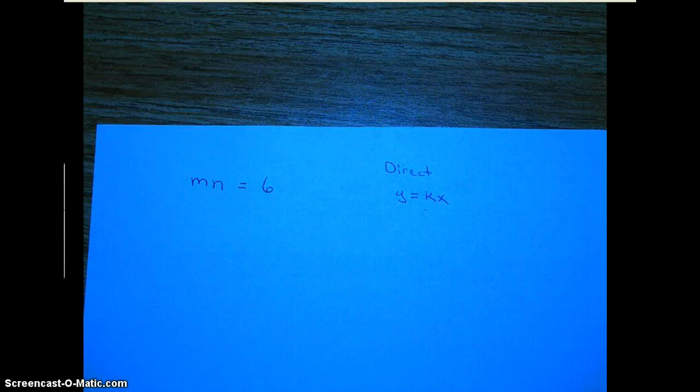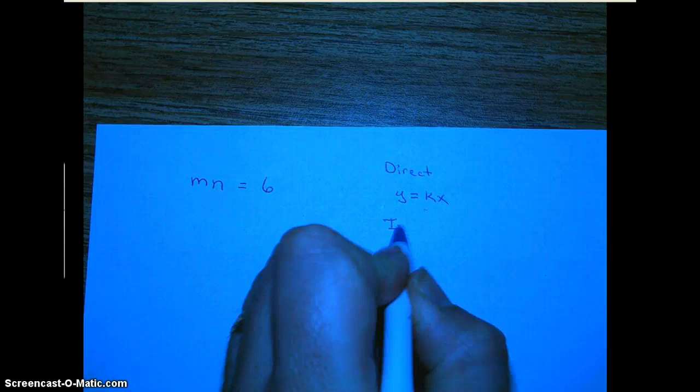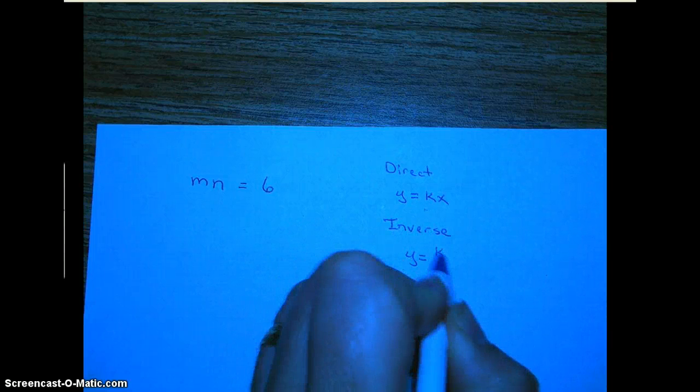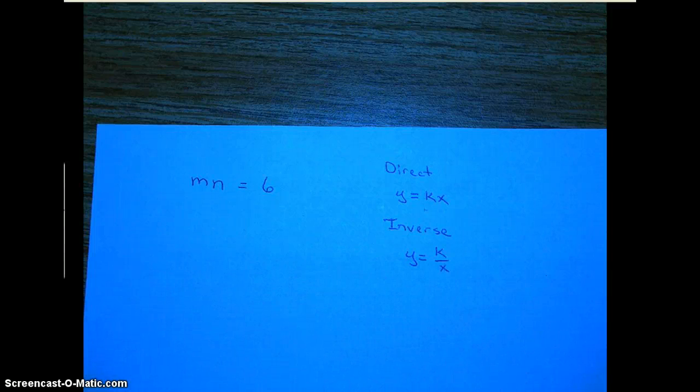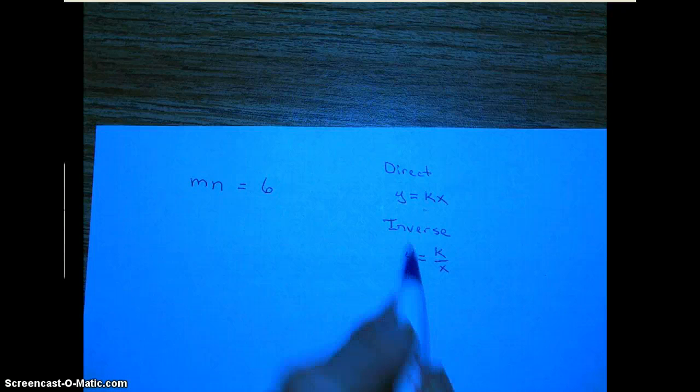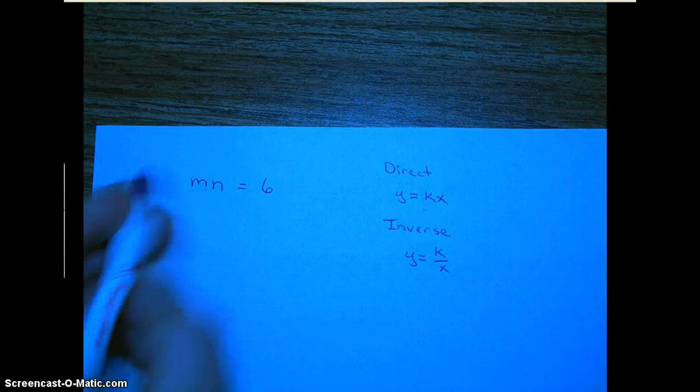That's the basic form. Inverse is y equals k over x. Our two variables here are on the same side. So what you have to do is solve for one of the variables. M or n, it does not matter.